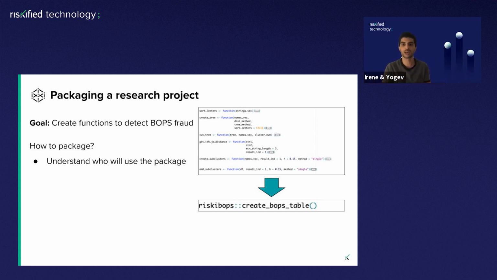So we needed to wrap up all of my code into some simple functionality that can detect fraud quite easily. All the fancy stuff that I did and really like will be under the hood, and it should be invisible for the person using this package. So we needed to define exactly the functionality of the package.